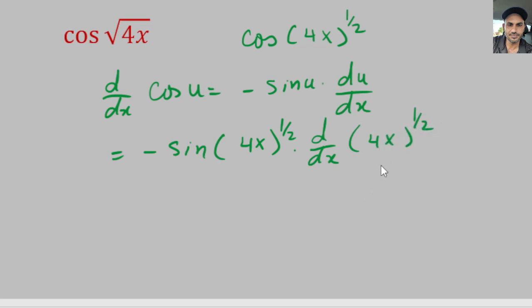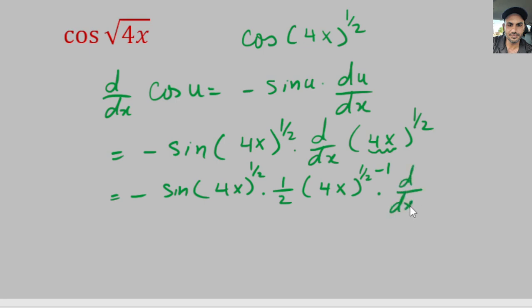Okay, now here we have another chain rule. We have an outer function, which is the square root, and then we have an inner function. So we take the derivative of the outer function and then times the derivative of the inner function. So we get negative sine of 4x to the 1/2 times the derivative of the outer function, which is 1/2 times 4x to the 1/2 minus 1, times the derivative of the inside, which is 4x.